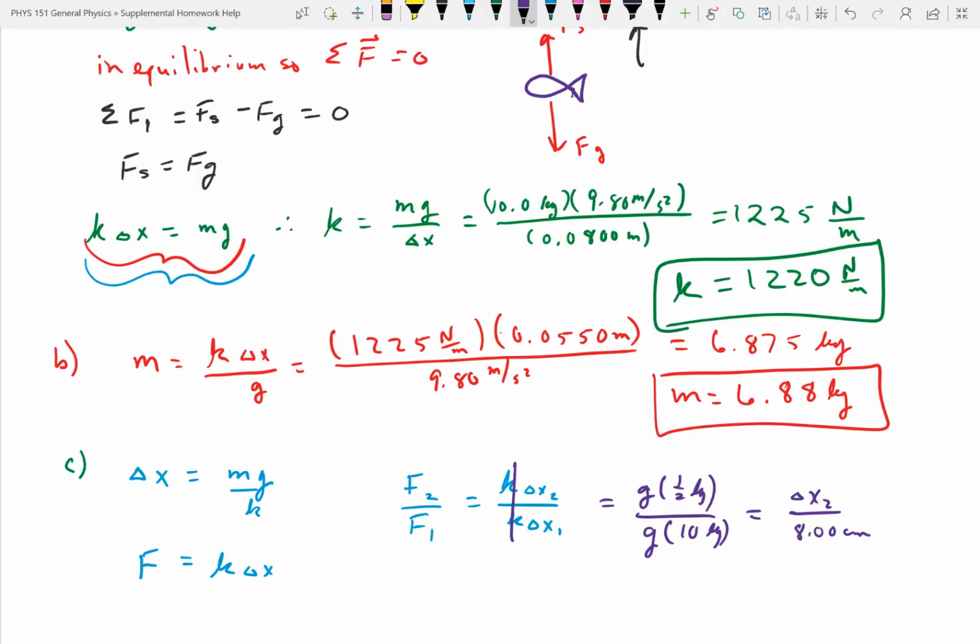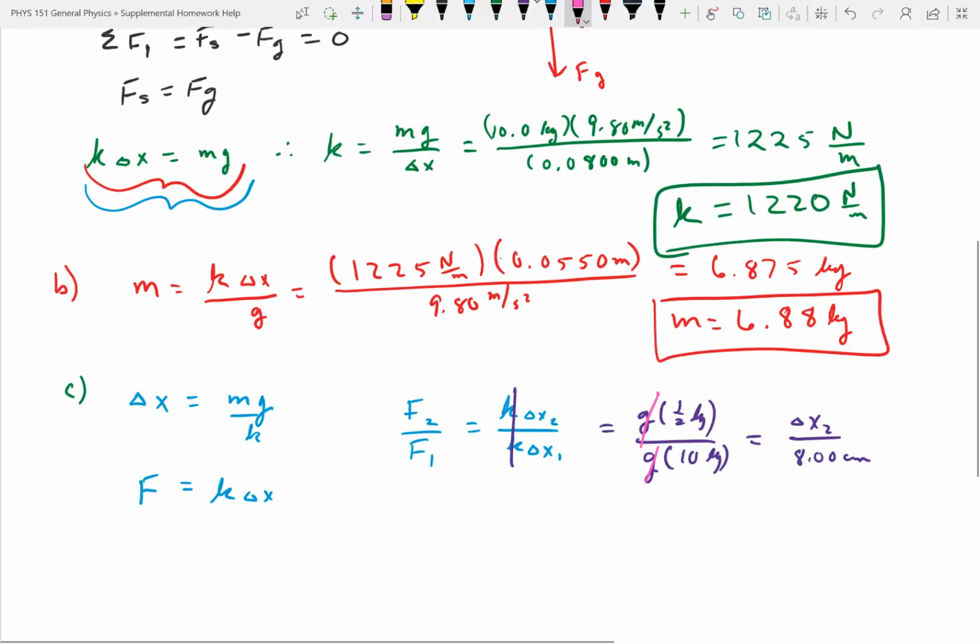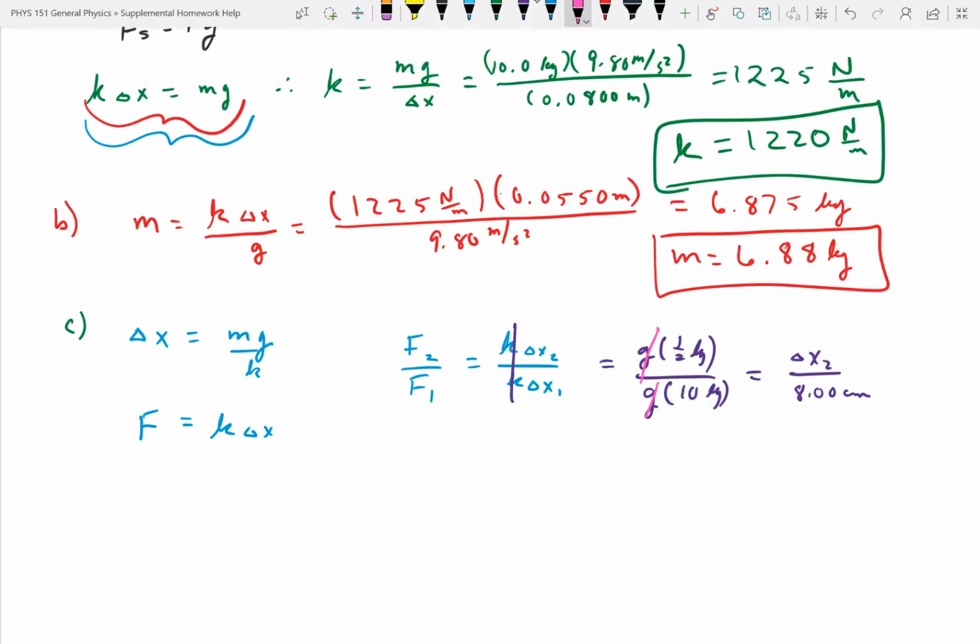Right. So I used the calibration information they gave us. The 10 kilograms gave me 8.00 centimeters. And then the 1/2 here. The reason this is quicker, it looks longer because I'm doing everything so explicitly. But what we see is, hey, all I have to do is take my 8 centimeters, divide it by the mass I used then and multiply by the new mass.